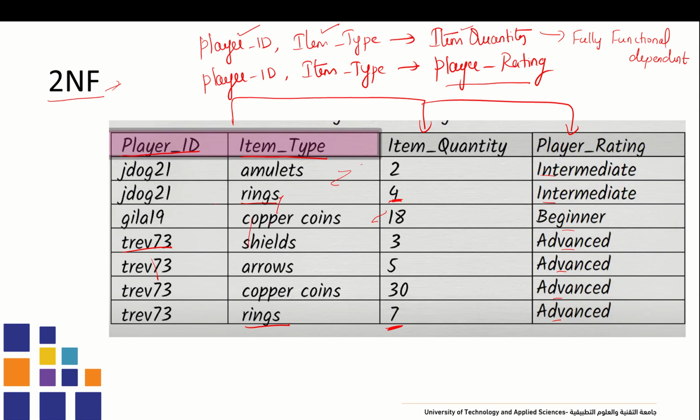So wherever the player ID Trev 73 comes, there all the rating is advanced. So it means what? I need only the player ID to determine the player rating. No need for item type. Okay, so I can remove the item type. Even if I remove the item type, I am able to determine the player rating. So this is not fully functionally dependent.